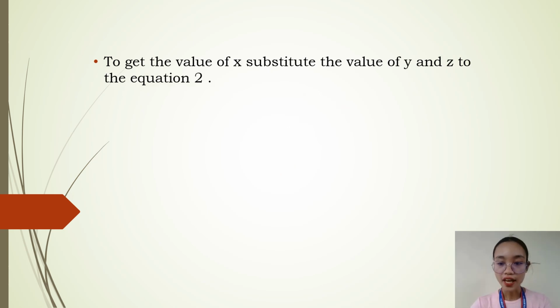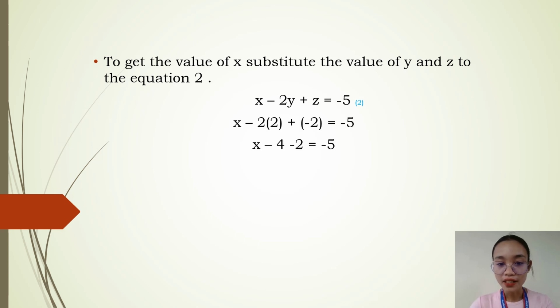To get the value of x, substitute the values of y and z into equation 2. So our equation 2 is x minus 2y plus z is equal to negative 5. So we have now x minus 2 times the value of y, which is 2, plus the value of z, which is negative 2, is equal to negative 5.